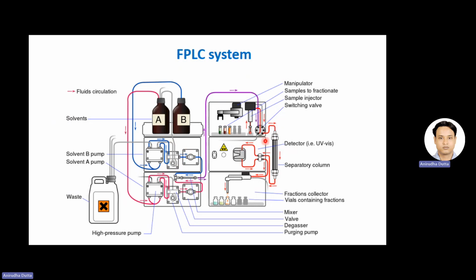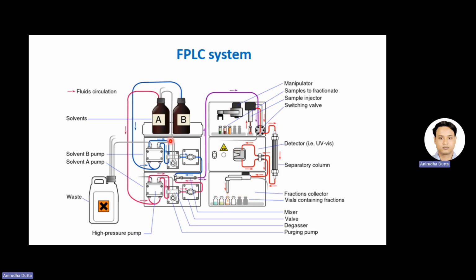And this is the sample injector. A lot of FPLC systems might or might not have this. So you can automatically inject your sample, and automatically collect the eluent coming from your column. It can automatically collect the fractions.